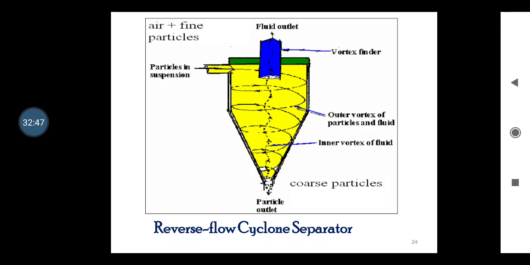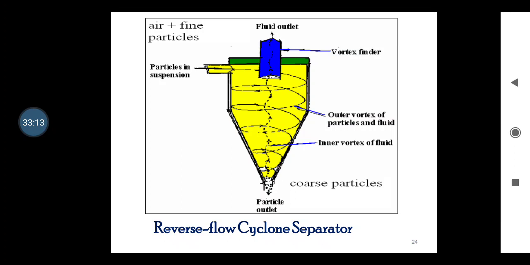The outer vortex is responsible for collecting the coarse particles, whereas the inner vortex, which is zigzag in nature, is responsible for collecting the finer particles. The upper part consists of a tangential inlet and a fluid outlet at the center of the top portion, extending inwardly into the separator, and the lower part of the base is fitted with the outlet for the solid particles.